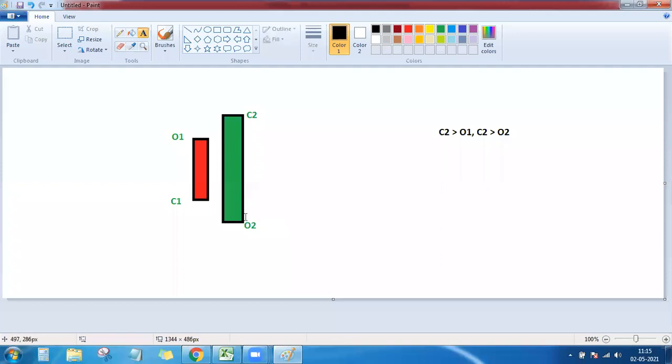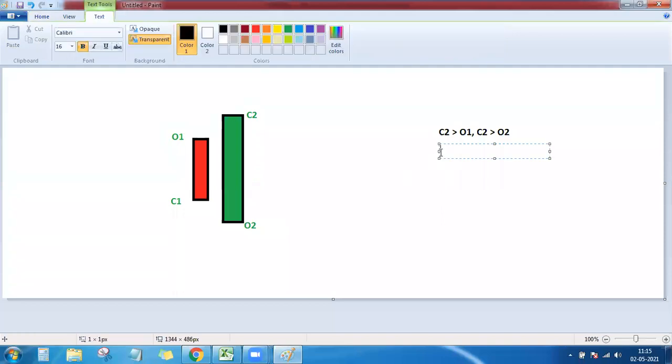If it is greater than O2, that means the second candle is a green one. And when it is greater than O1, it means it has engulfed the previous day's opening price. Similarly, the first candle should be a red candle. So O1 should be greater than C1 and O2 should be less than C1.